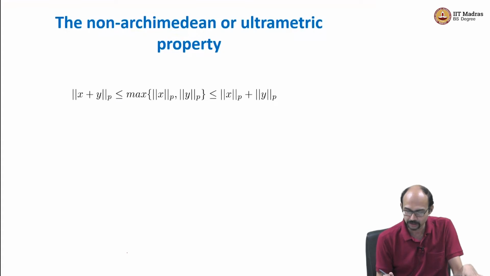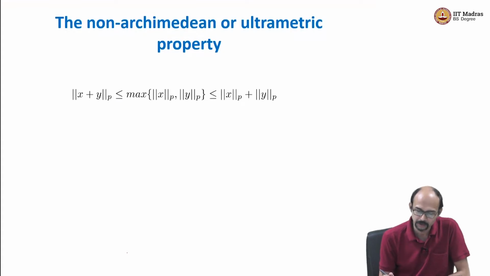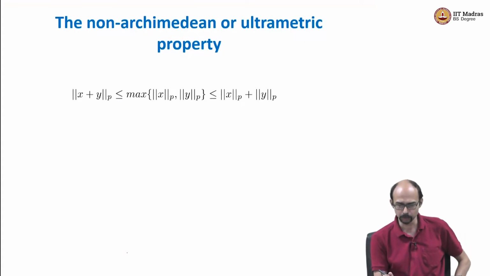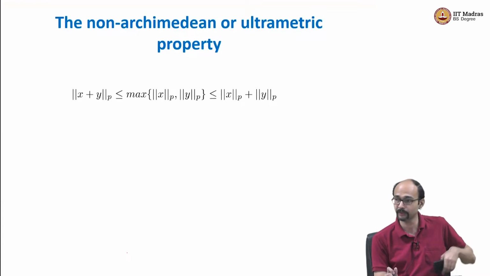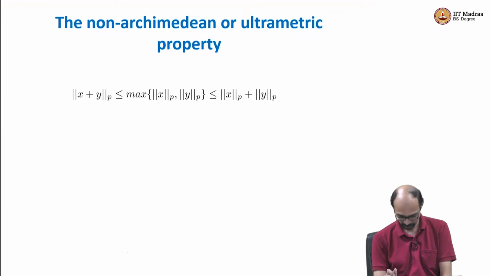Here's what it says: the norm of x plus y with respect to p is not just less than or equal to the norm of x plus the norm of y, it's actually less than or equal to the maximum of the norms of x and y. So this is much more powerful. It's giving a much stronger inequality than the one we need, the triangle inequality.